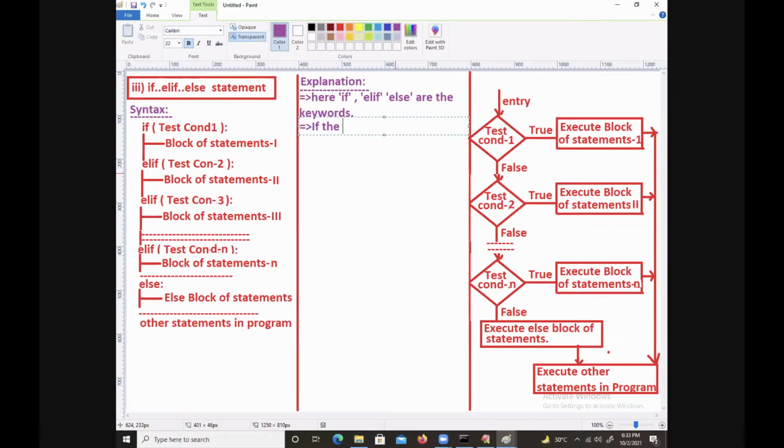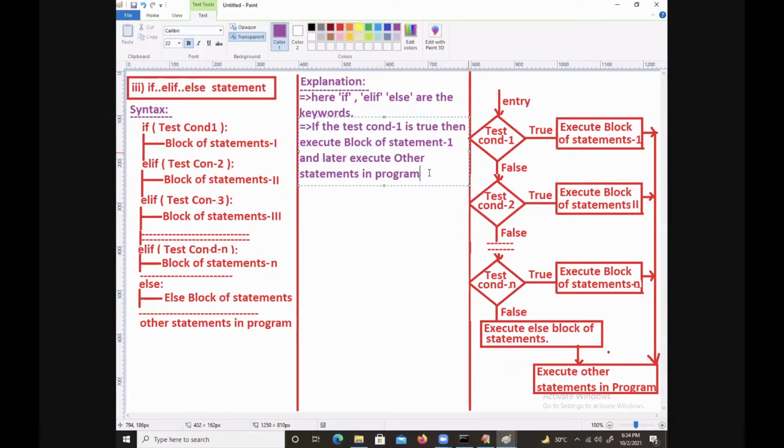If the test condition 1 is true, then execute block of statements 1, and then execute other statements in the program. This is in the case of true.